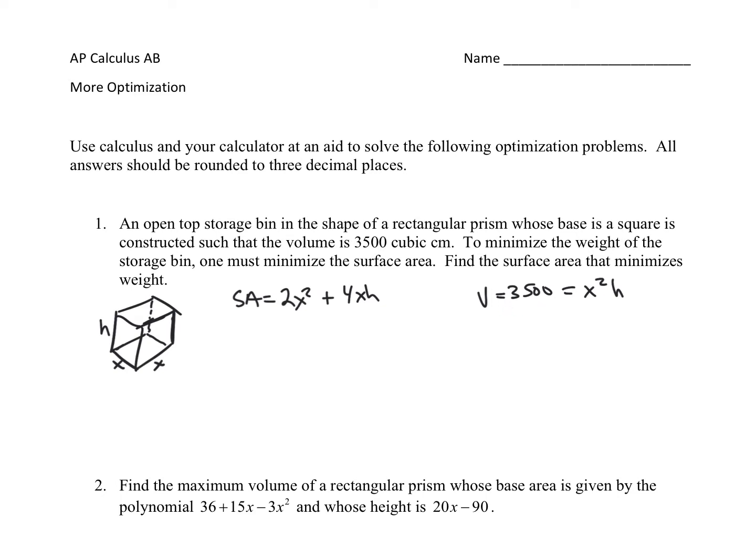I can set that volume equal to the volume of the box, which would be x squared times h, and solve this for h and make a substitution. So I could get h equals 3,500 over x squared and plug that into my surface area equation. So now my surface area is going to equal 2x squared plus 4x times 3,500 over x squared.